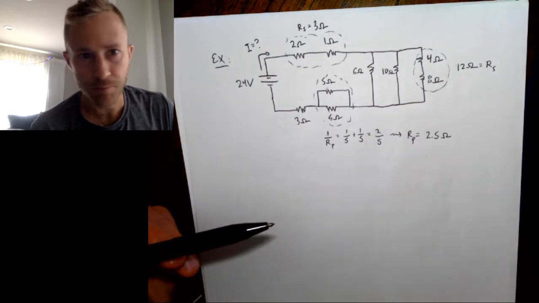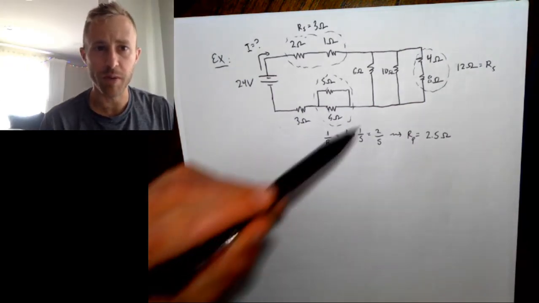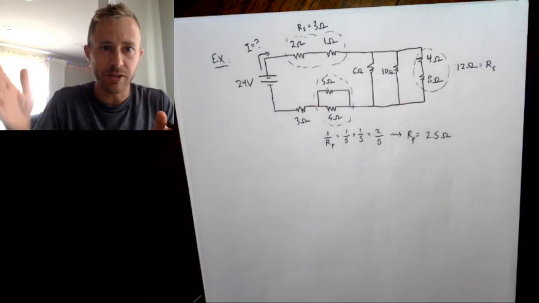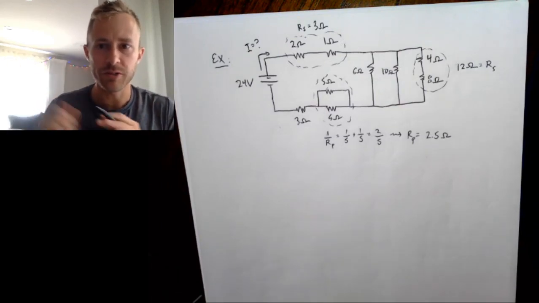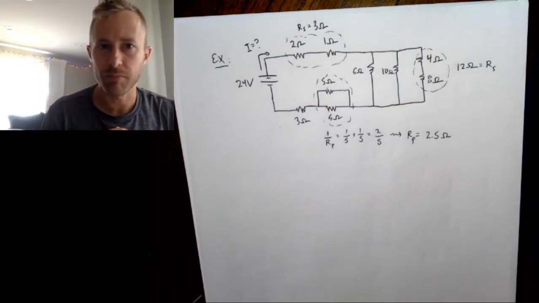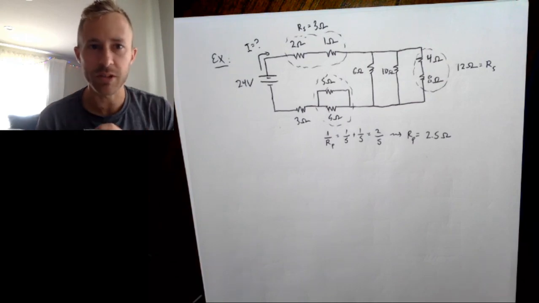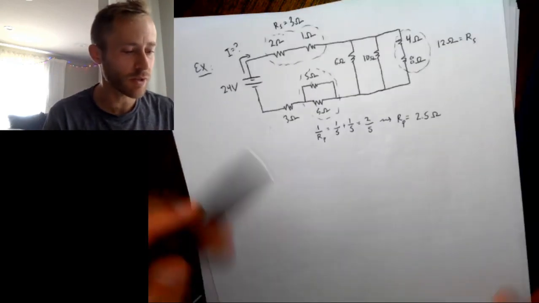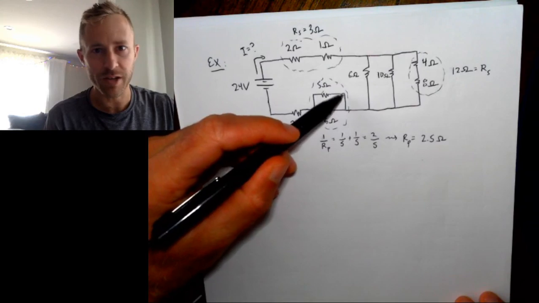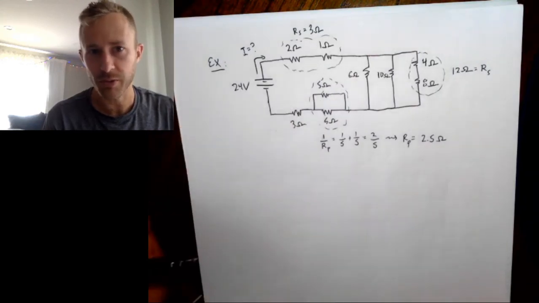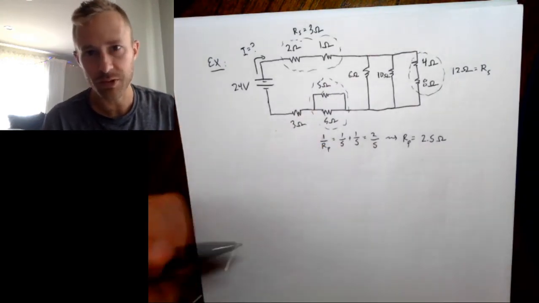So it's two pathways. It's kind of like adding lanes on a freeway. If you have more lanes on the freeway, traffic can flow more easily. There's less resistance. Okay, so we're adding an extra lane for charge to go through. So it's going to reduce the resistance.